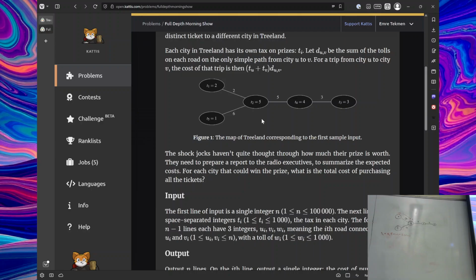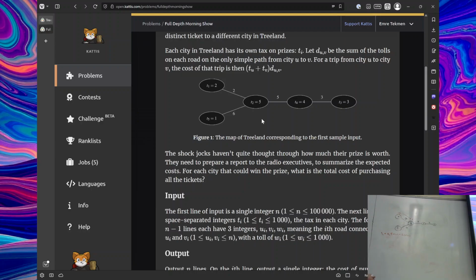So S of v is going to be locally different from u. In fact, everywhere on this graph, when we transition from u to v, this sum changes in a predictable local way, right?